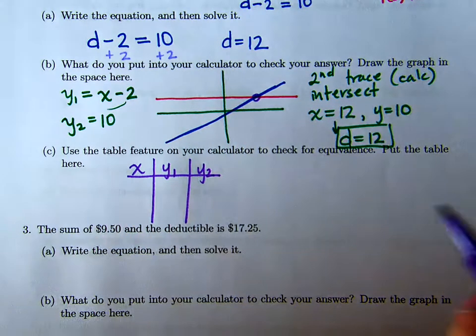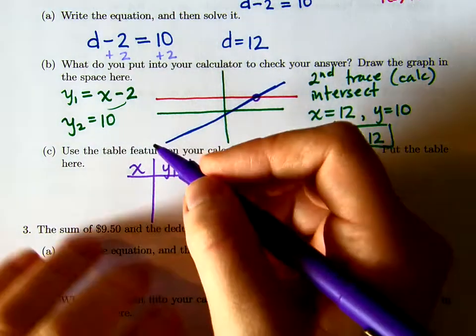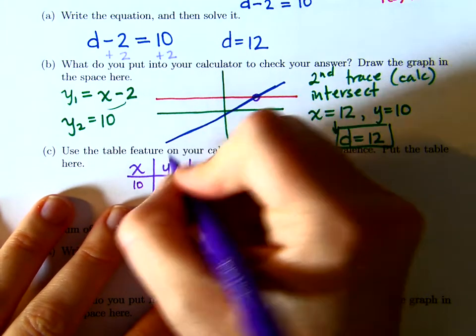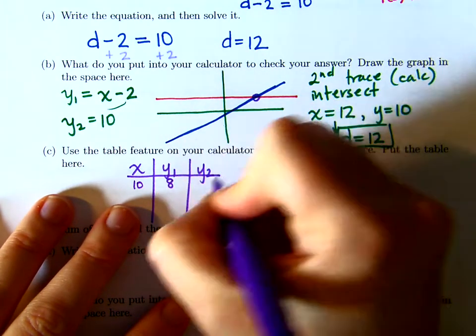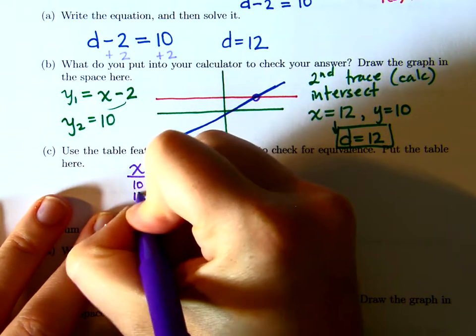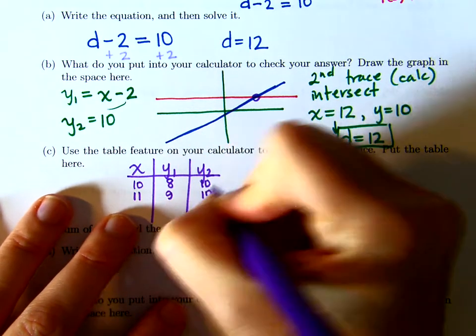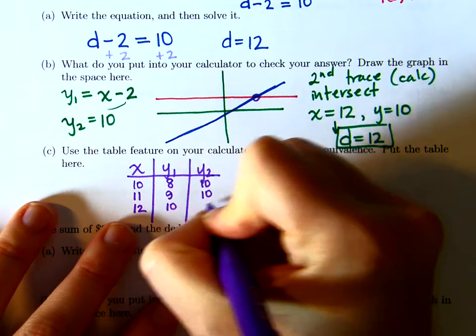I'm just going to put right around where we found some values. So at 10, this looked like 8 and 10. At 11, 11 take away 2 was 9, and this was 10. At 12, we got 10 and 10.